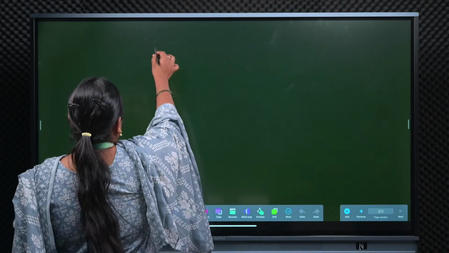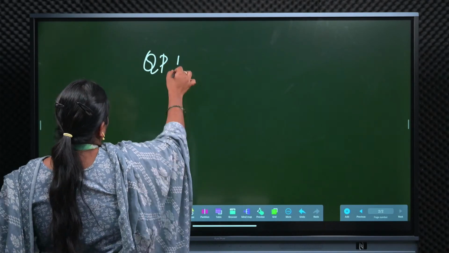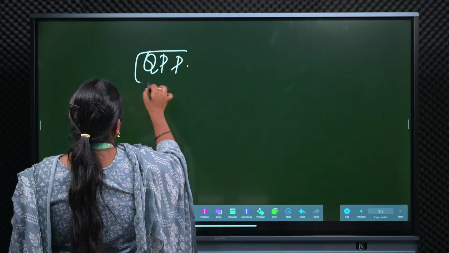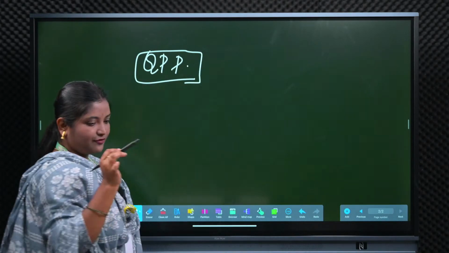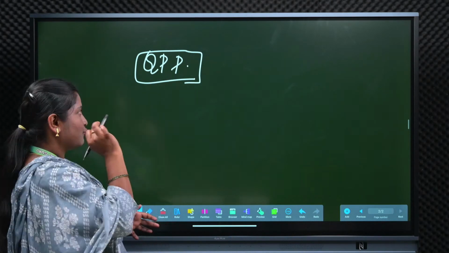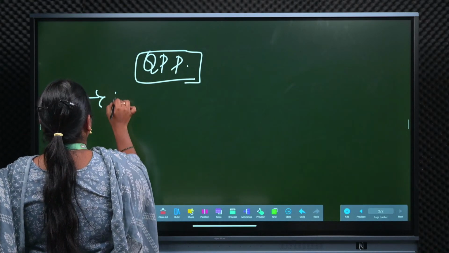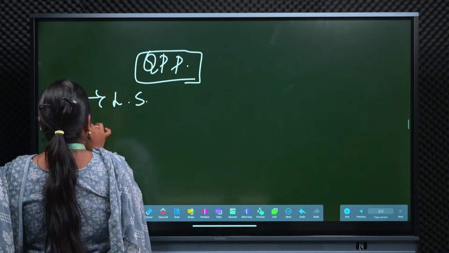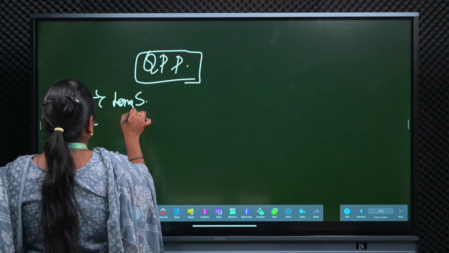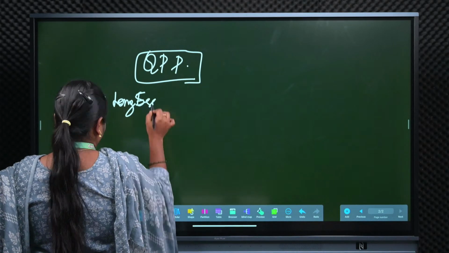Now we can see the question paper pattern. So this is very important. As a fresher you should know what the question paper pattern will be. So very first, long essay will be there. I will write long essay, one second.